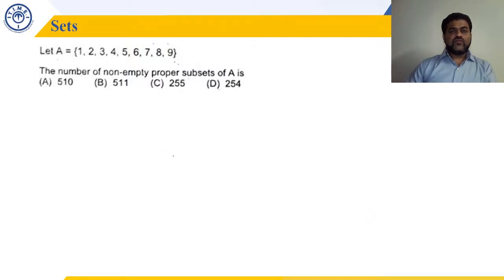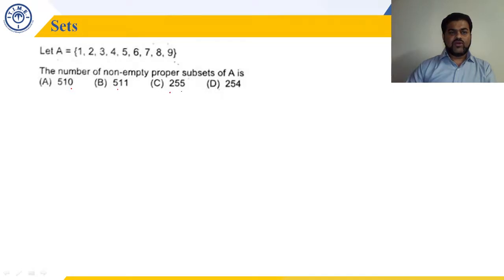Let's look at a few questions as examples to understand the concept that we have learned so far. Let us say we have a set A, which has these 9 elements, 1, 2, 3, 4, 5, 6, 7, 8, 9. The question says: the number of non-empty proper subsets of A is which number out of the given options.